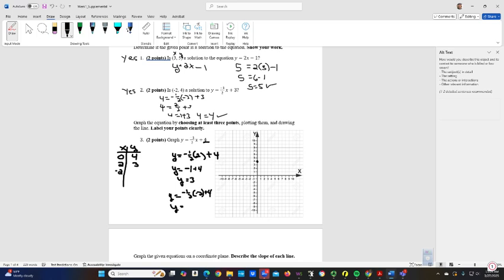Y equals positive 1, just like we did up here in question 2, plus 4. Y equals 5. So now I've got my 3 ordered pairs. So I'm going to go over 2 and then up 3. And then -2, over 2 and then up 5.